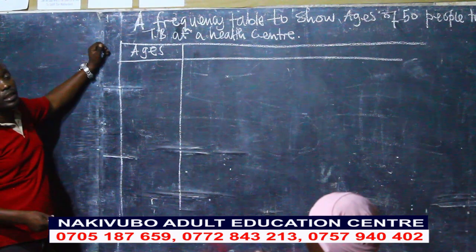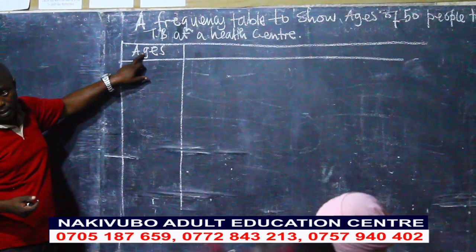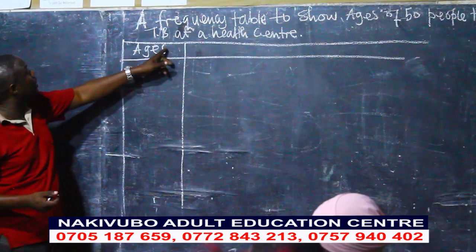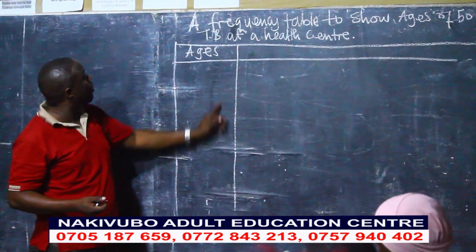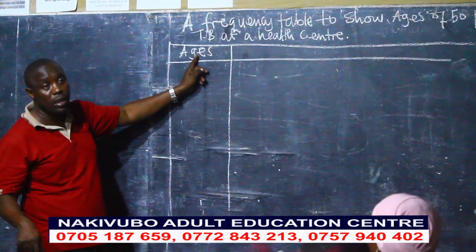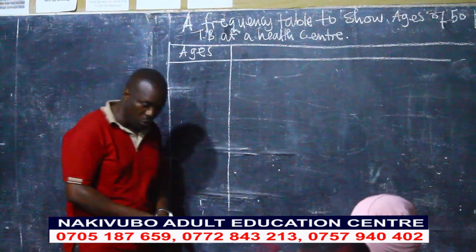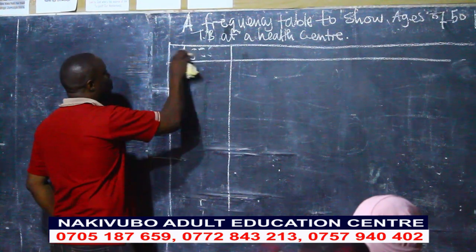If they looked at the marks of students, you put here marks. So what you write in this column depends on the question. Am I clear? If you are not sure, you can call them groups.